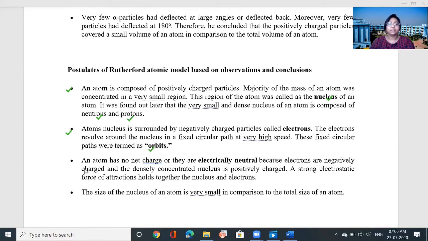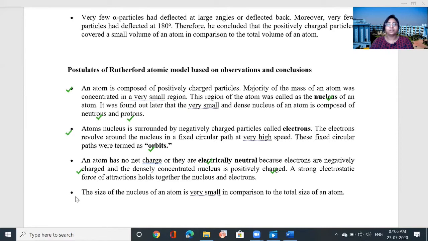Number three, an atom has no net charge, it is electrically neutral, because the electrons are negatively charged and the dense, concentrated nucleus is positively charged. A strong electrostatic force of attraction holds the nucleus and electrons together.